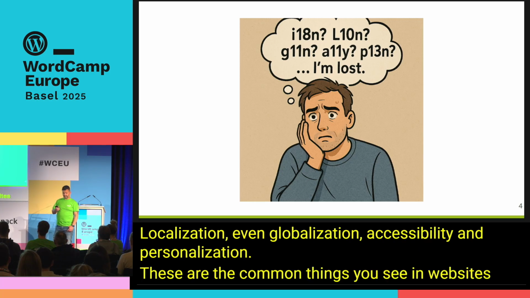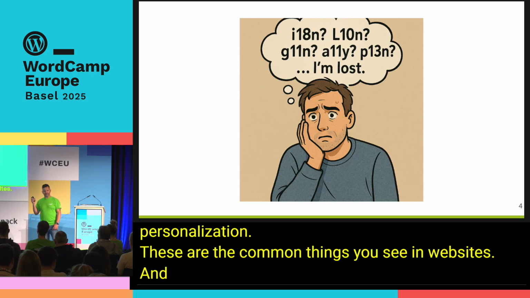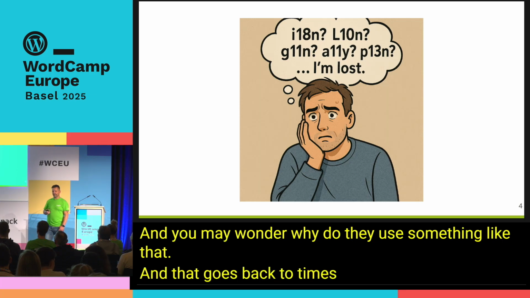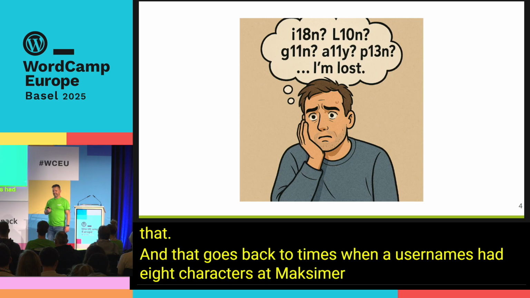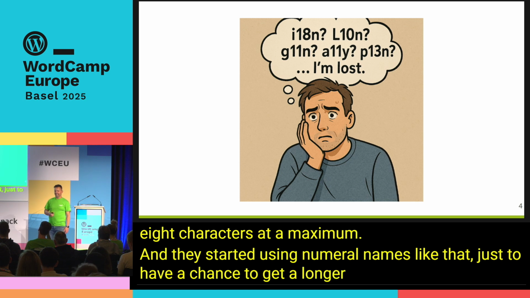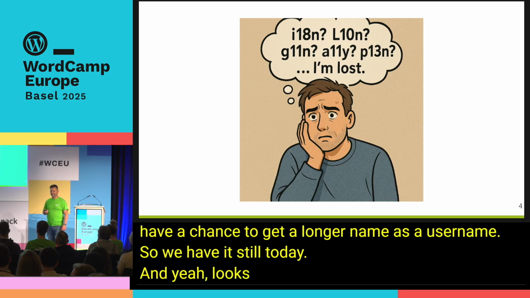You may wonder why they use something like that, and that goes back to times when usernames had 8 characters at a maximum, and people started using numeronyms just to have a chance to get a longer name as a username. We still have it today, and yeah, it looks weird, no?